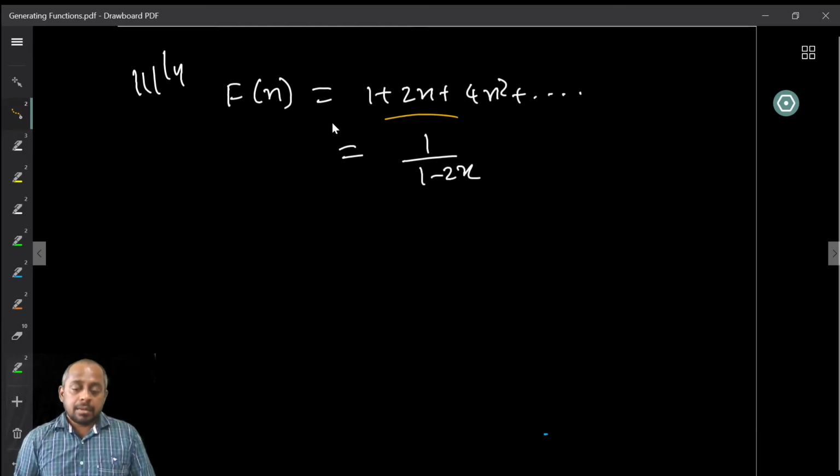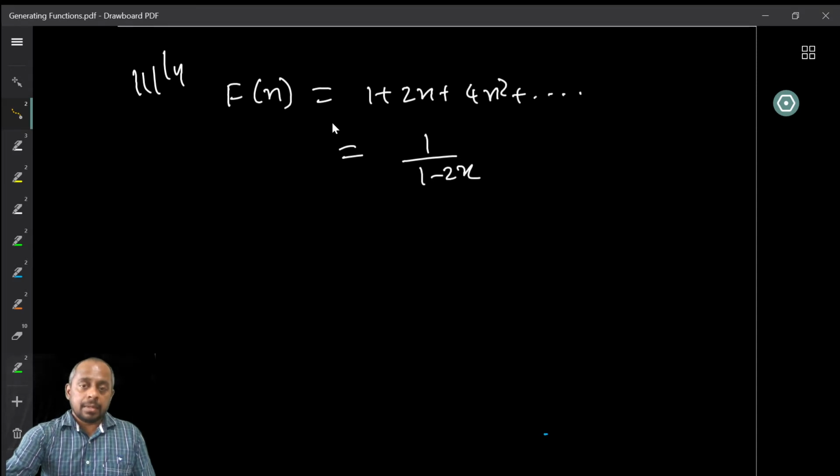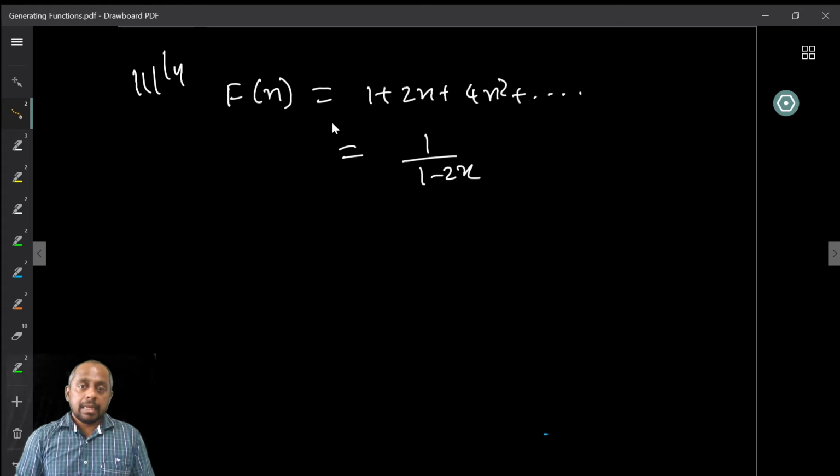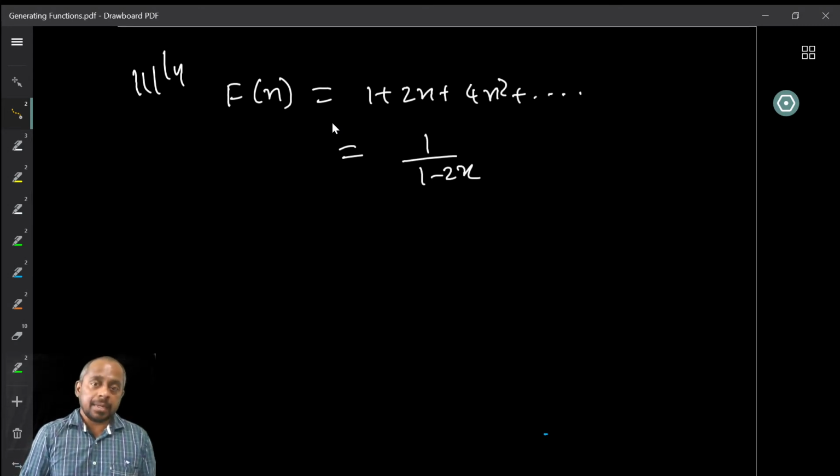The reason we are not really worried about the convergence is that we are not going to substitute for x and evaluate it at any point. We are going to just use this form, and then we are going to recover the combinatorial data, which are the coefficients.